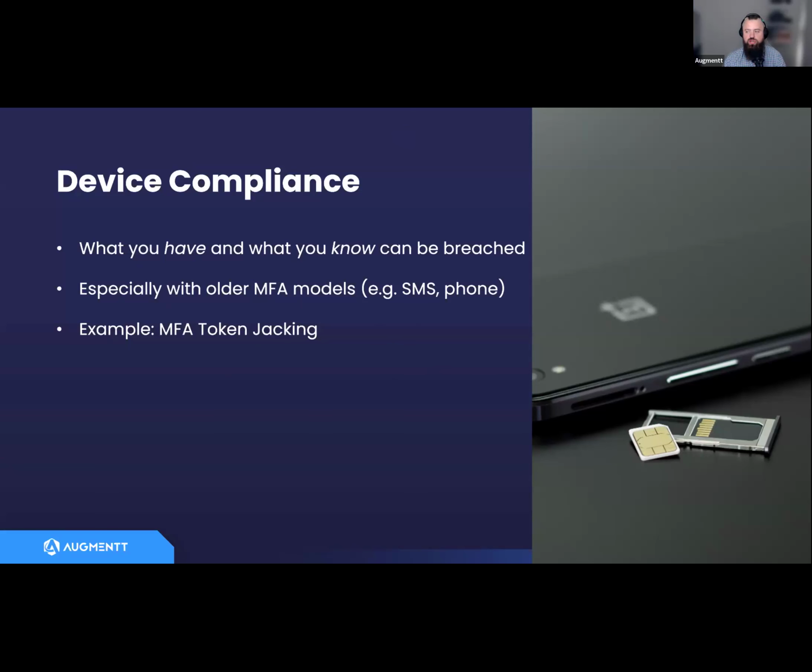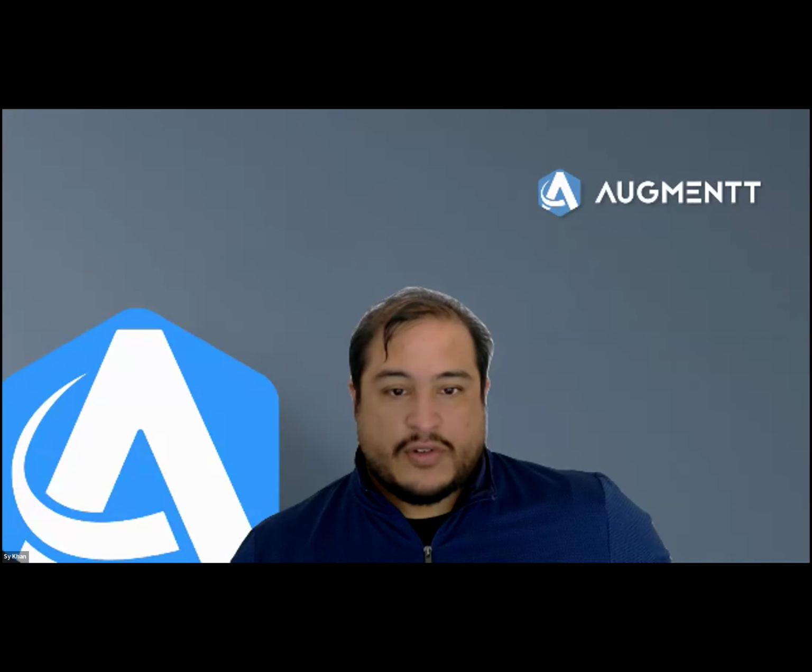We'll show the token protection policy in a bit here, but device compliance is really the surefire way to prevent those kinds of MFA token jacking attacks. So I'll show you those two policies. Might as well go over both of them here.